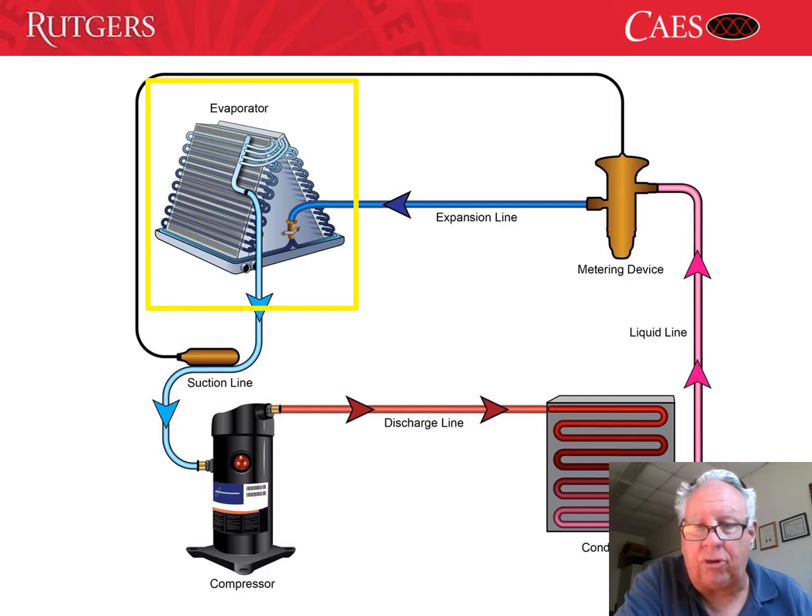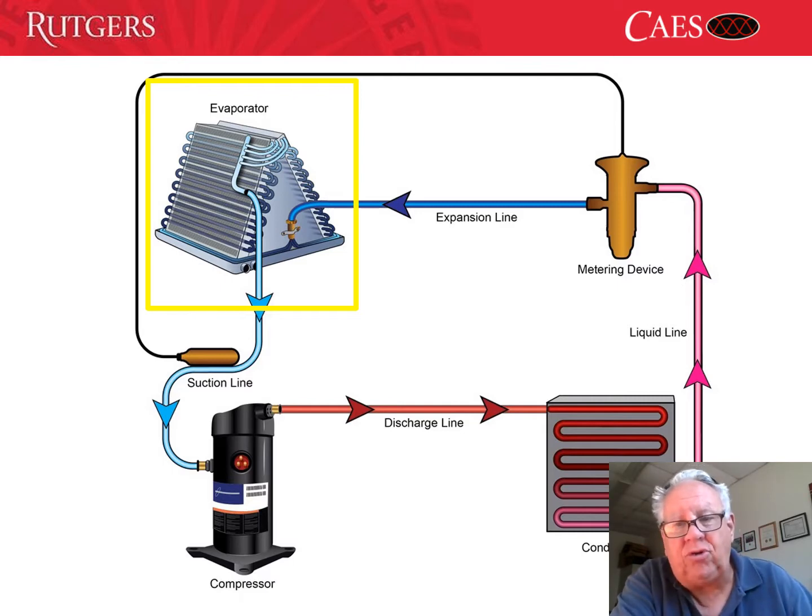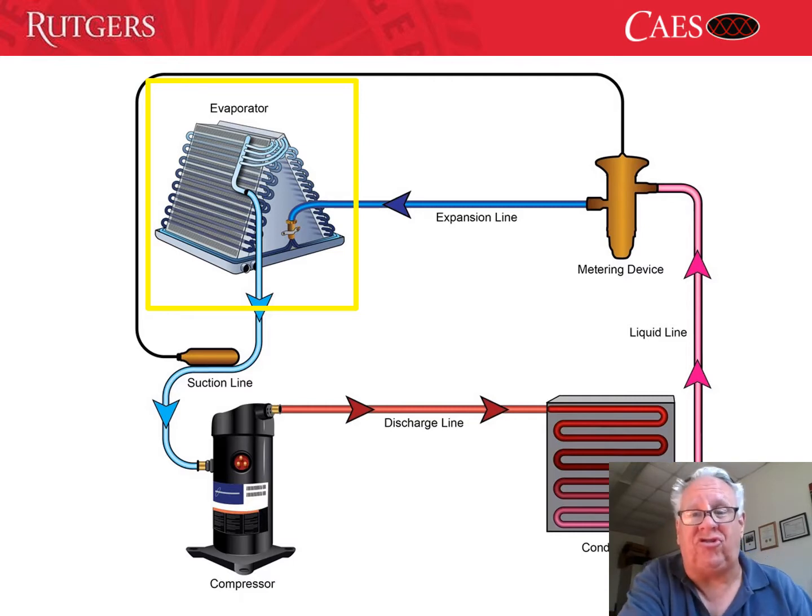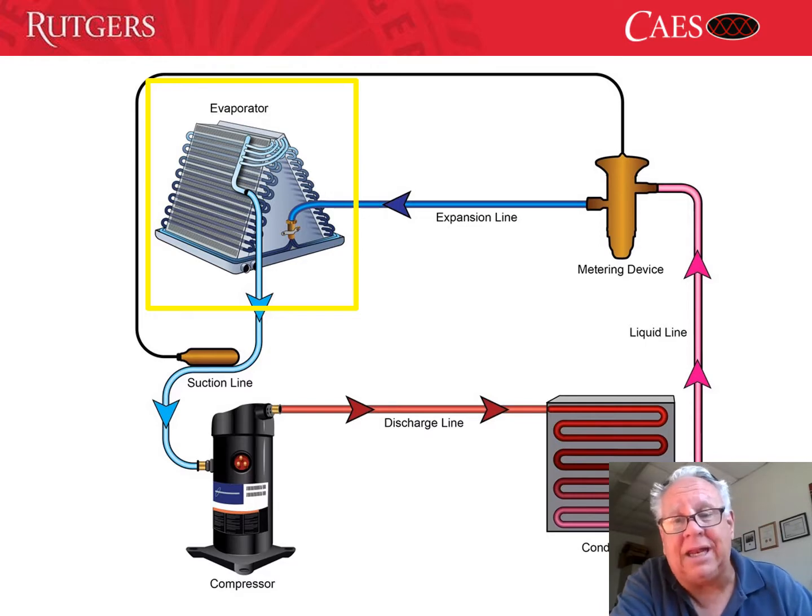So we had the compressor, which compressed the gas and made it very hot. And then we go into a condenser, which changes that gas back into a liquid. And now we're going to go through what's in this picture, a metering device, which is essentially a valve, which then drops the pressure dramatically.